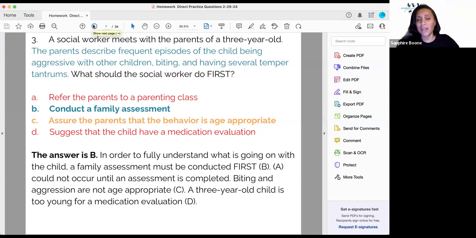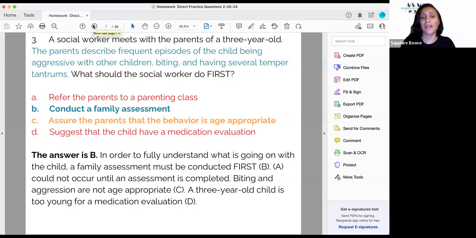Also, medication evaluation seems like a little bit too severe for a 3-year-old. And typically, remember, when we think about a medication evaluation, there should be some type of behavior that warrants some type of medication.